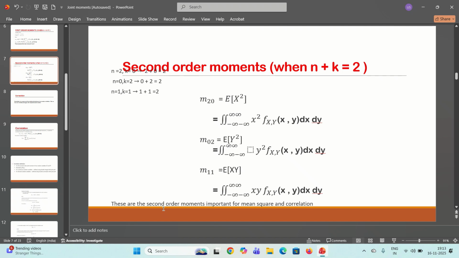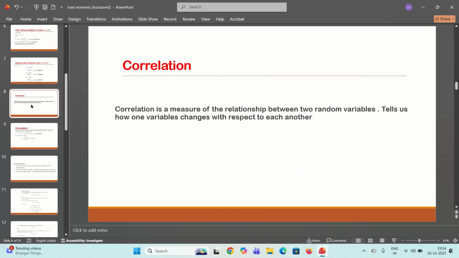In second order moments, the first two cases are mean square. The first case is the mean square of x, the second is the mean square of y, and the third one is correlation. Correlation is an important topic in PDSP. We see correlation in signals and systems also.